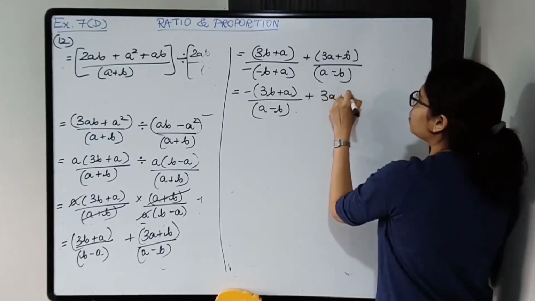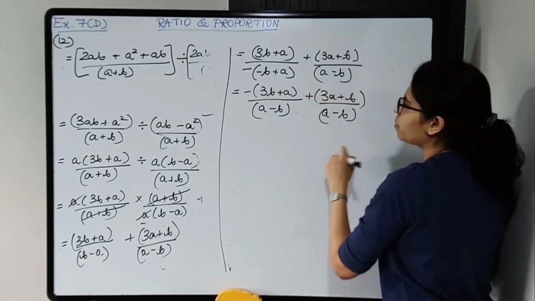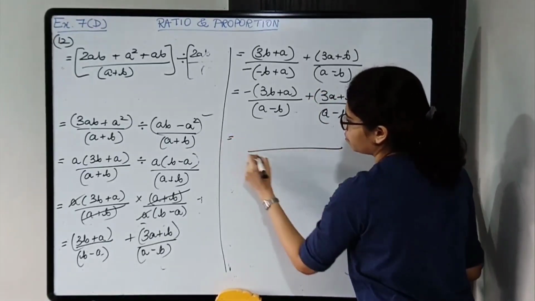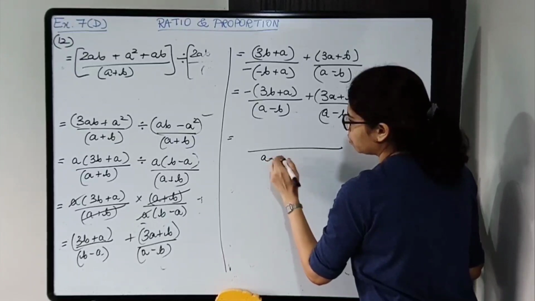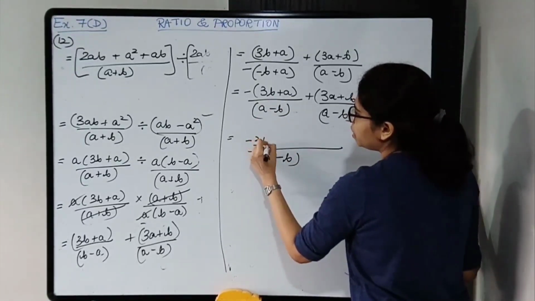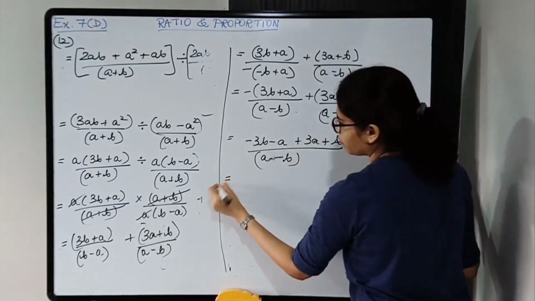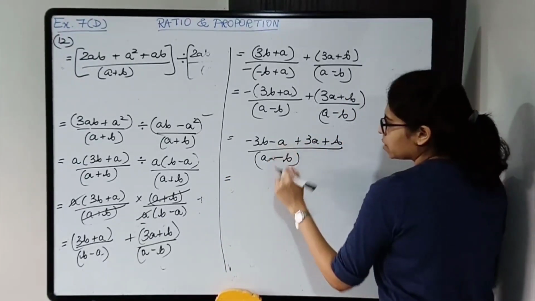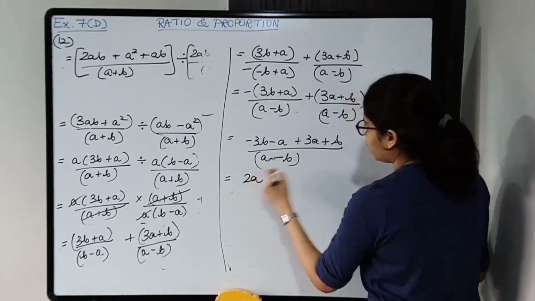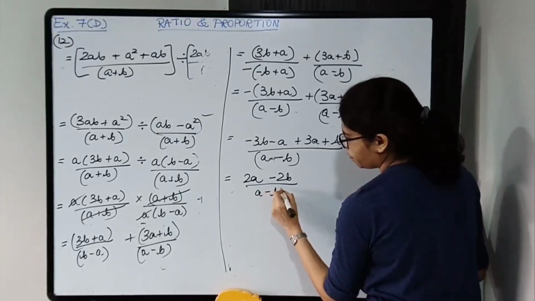Now we have the same denominator, so we can take the common denominator. Okay? So taking a minus b common, and over here minus 3b minus a plus 3a plus b. So 3a minus a gives 2a and b minus 3b gives minus 2b upon a minus b.